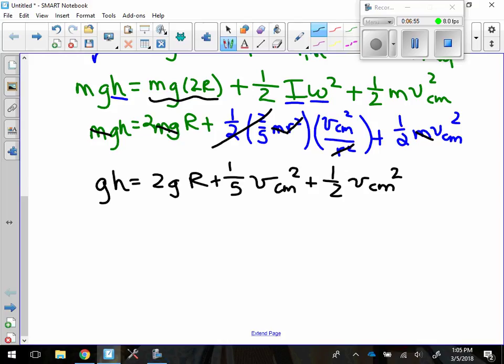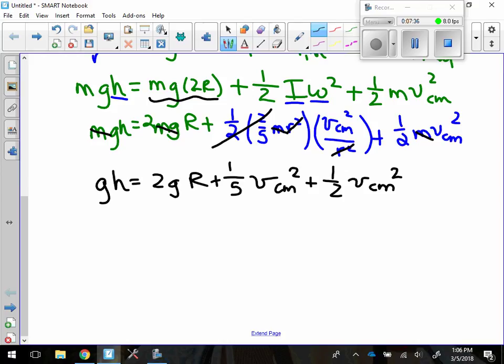All right, so am I done? No, what am I going to do? Do I have a value for V center of mass? Or V center of mass squared? What did I write down at the beginning?